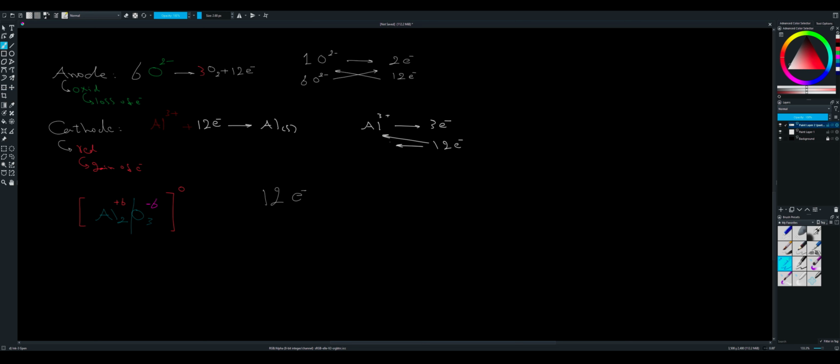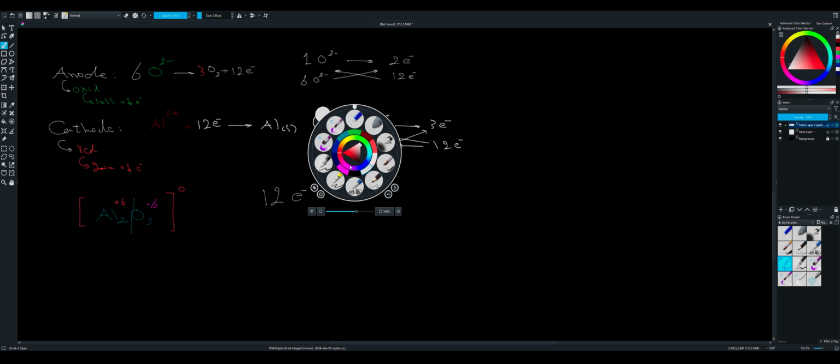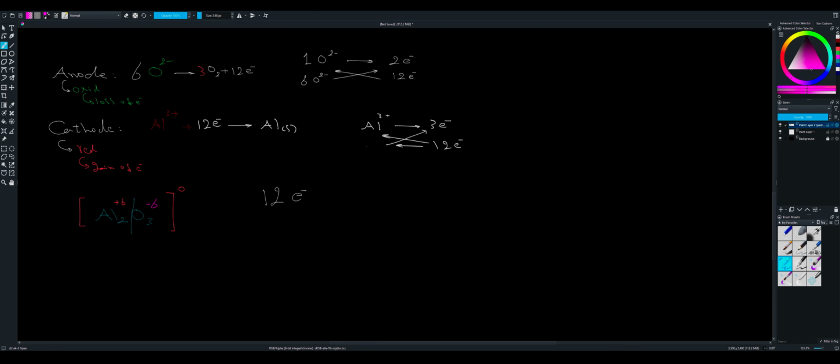We do the scissors move, 12 multiplied by 1 divided by 3, we end up having 4, right? 4 aluminum cations. So we just need to add 4 in here. So 4 multiplied by 3, that's 12 electrons. And we have 4 aluminum atoms, so we need to end up with 4 aluminum atoms as well.